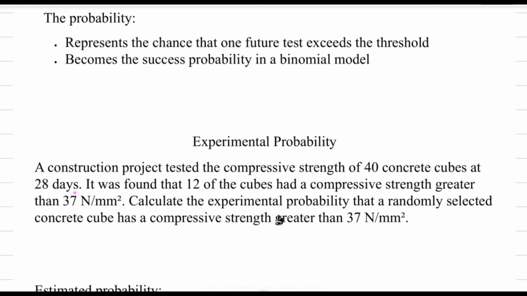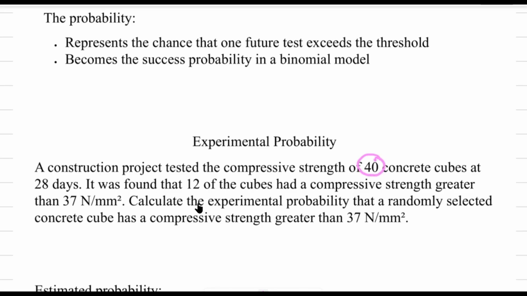Calculate the experimental probability. It's asking for the probability that a randomly selected concrete cube has a compressive strength greater than 37 megapascal. And we know that 12 of the cubes were already above 37 megapascal, out of what? Out of 40.